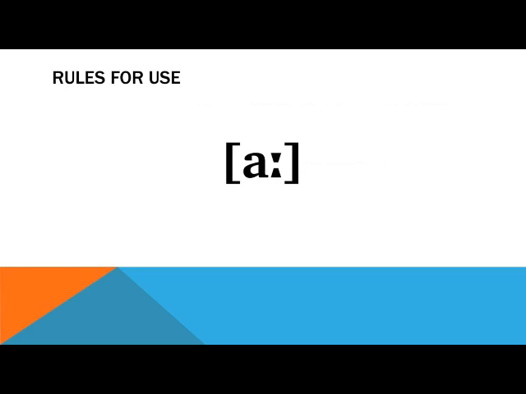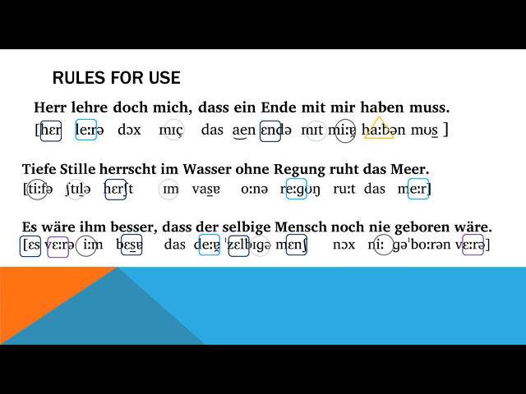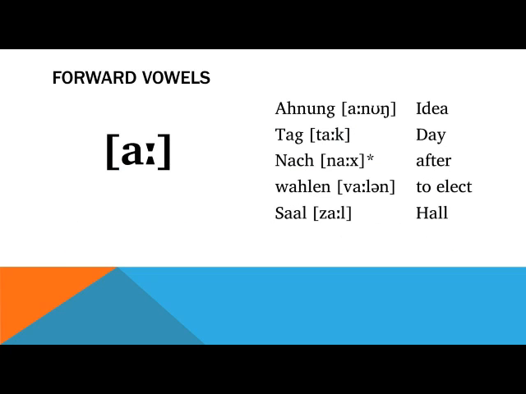And the next sound is the bright and long ah, and we only have one example in our texts, and it's haben on the first line. So here are some other examples of it. Ahnung, Tag, nach. The little asterisk just means it's an exception, and we'll talk about that later.